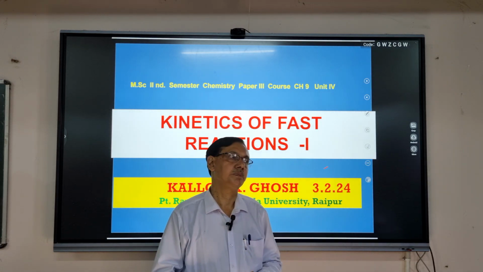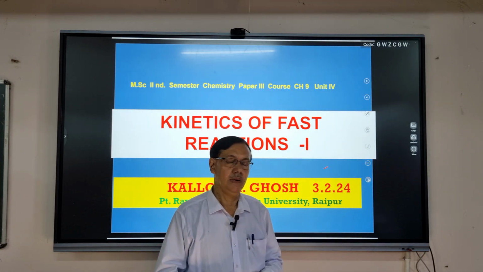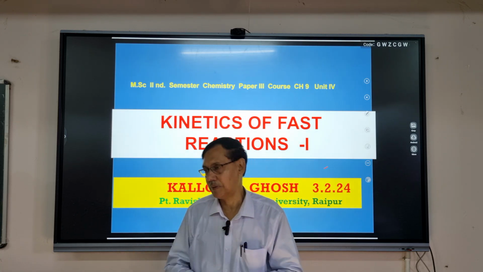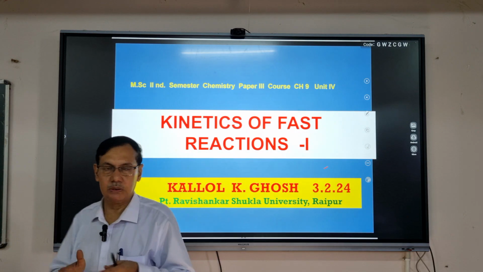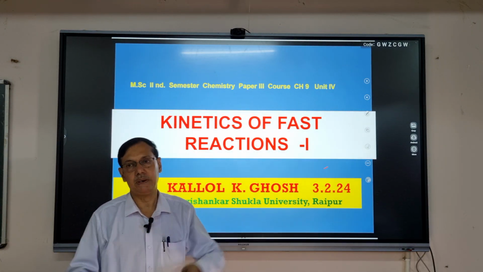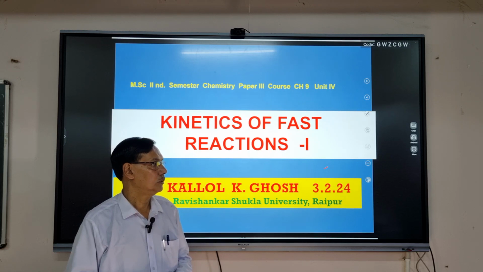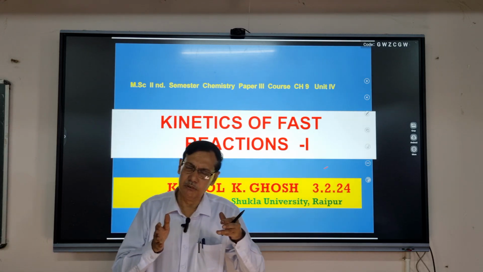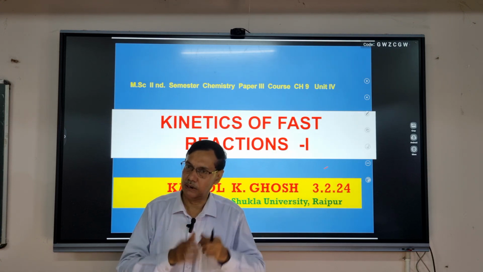And then, of course, I'll explain the different methods available for the study of fast reactions. It is a very big chapter. So today I will explain some of the fundamental aspects of fast reactions.